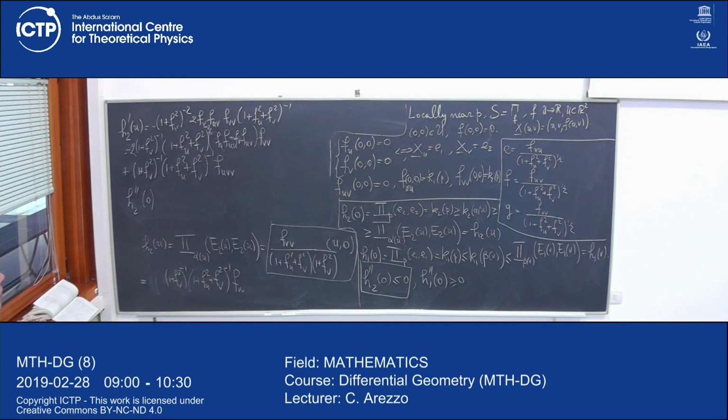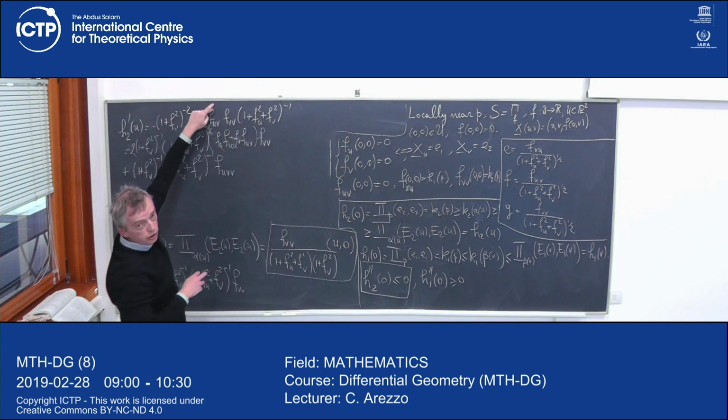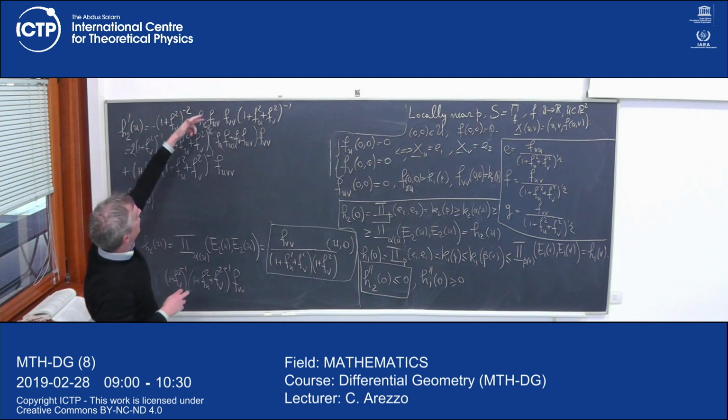In principle, the only thing that could survive is when I take the derivative of this, because every time I take the derivative of something else, this will kill the output. Do you agree? So out of this mess, the only thing which survives is this one.